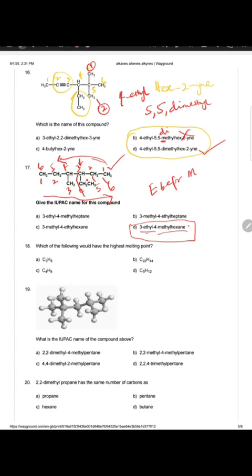So that's going to be 3 ethyl 4 methyl hexane. Don't make a mistake. Don't say 4 methyl 3 ethyl hexane. That's going to be wrong, because according to the IUPAC nomenclature, you must name E before M.